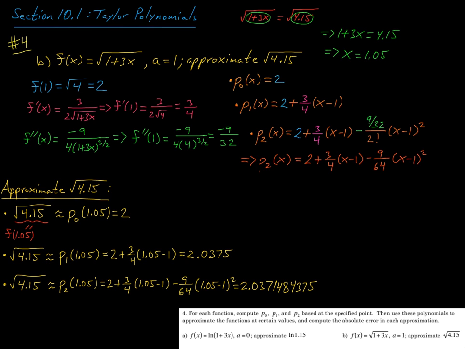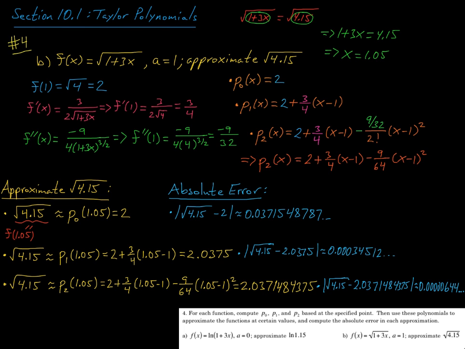Now if I plug in 1.05 into P1, I get 2.0375 for the approximation. And then if I plug in 1.05 into P2, I get 2.0371484375. All right, so now looking at the absolute error there, for our first approximation, we get about 0.037 and so on.